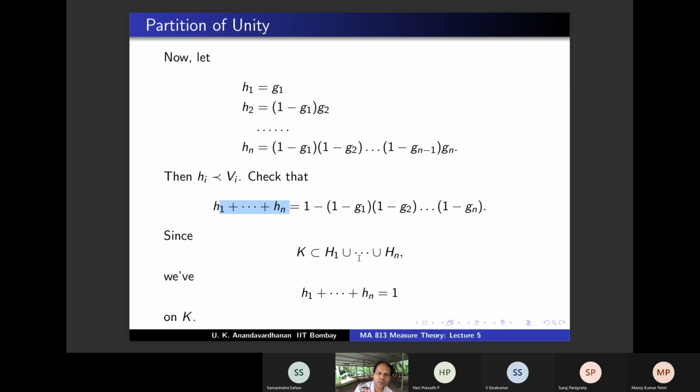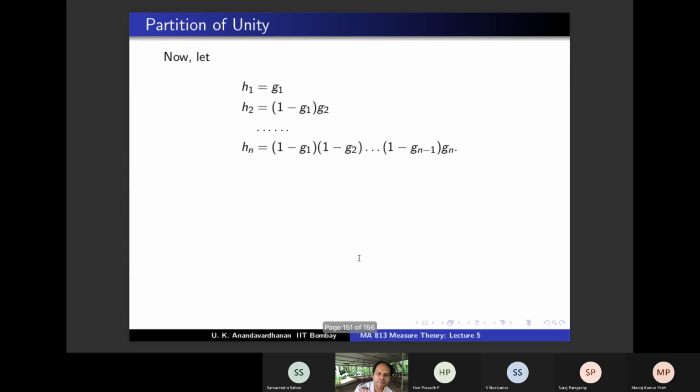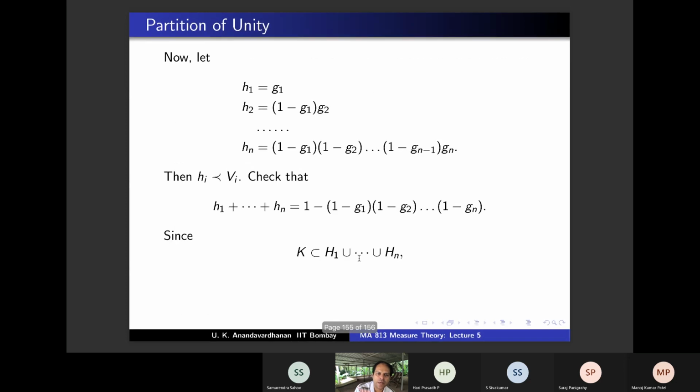If x belongs to Hi, then Hi precedes Gi precedes Vi. Now what do I want? I want to say that if x belongs to K, then x belongs to one of the Hi's, and then Gi is identically 1 on Hi.